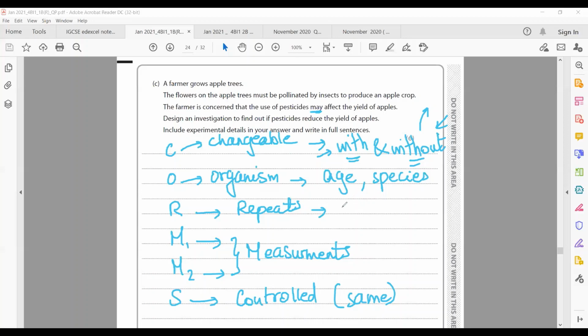I will use مثلا several trees لكل example with and without. دول بعتبرهم كل tree هنا تبقى one repeat.